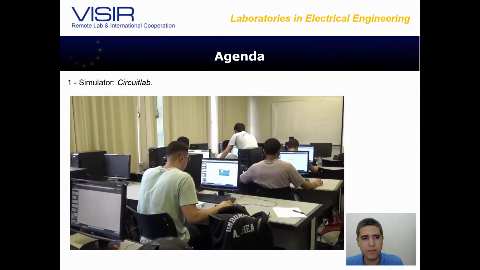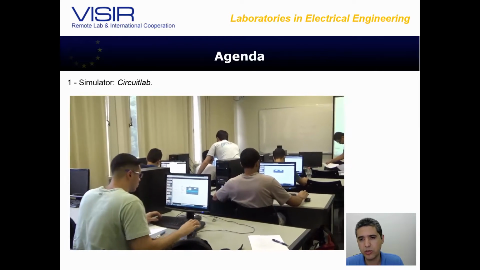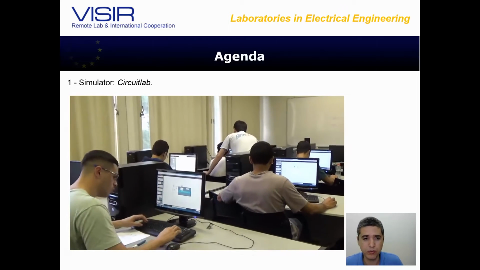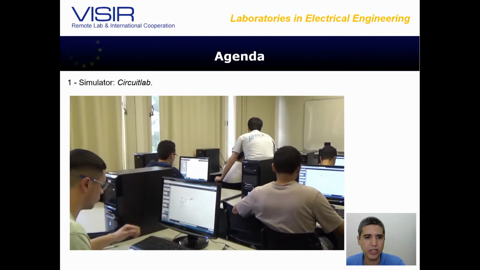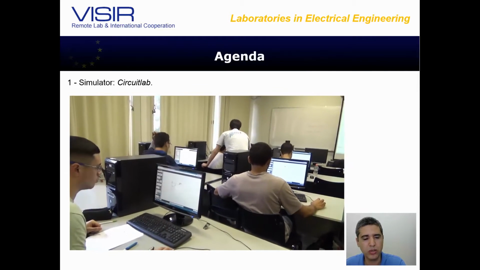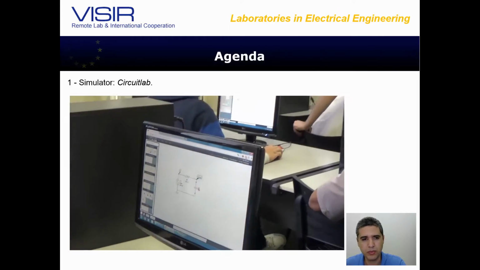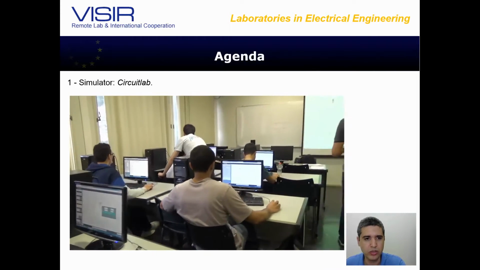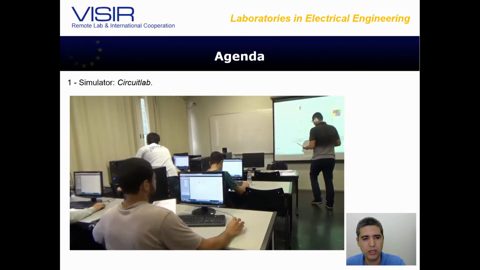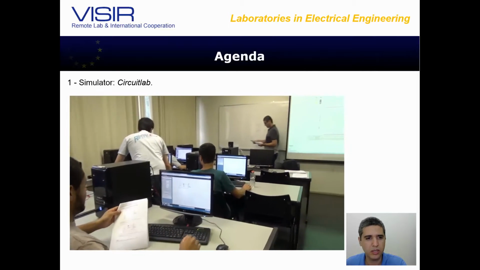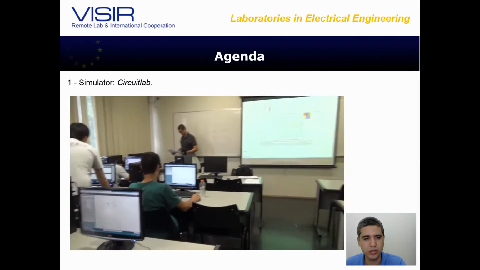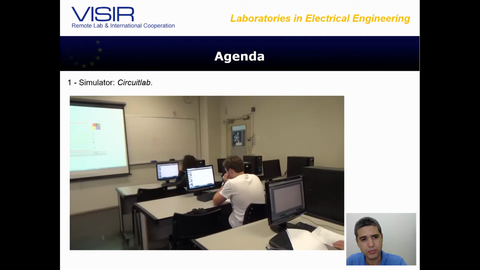In the first part, the students had the opportunity to perform a hands-on activity with a commercial simulator called Circuit Lab, which is widely used by engineering professors and students around the world.